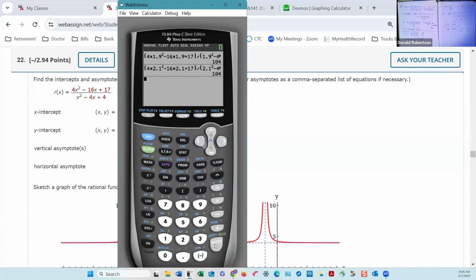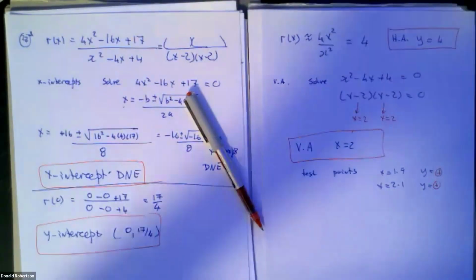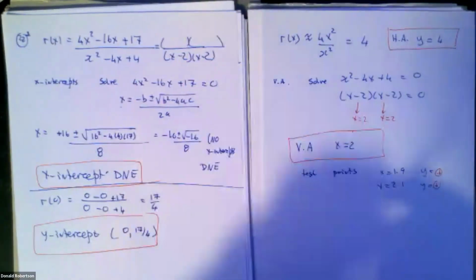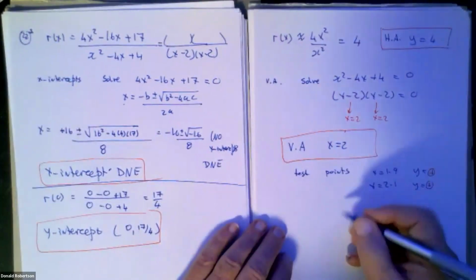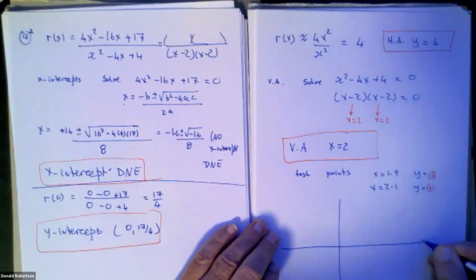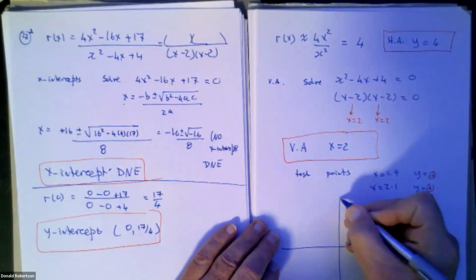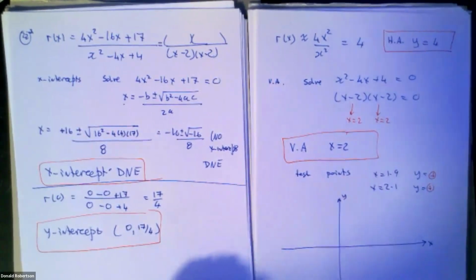Well, that's pluses, right? There we go. So I can tell you, if we start putting all of our information onto this diagram, this is what my sketch would look like.